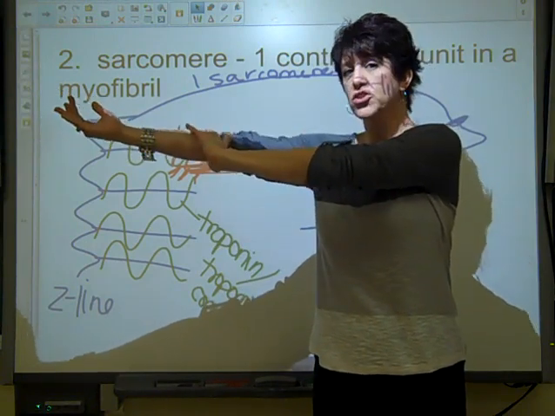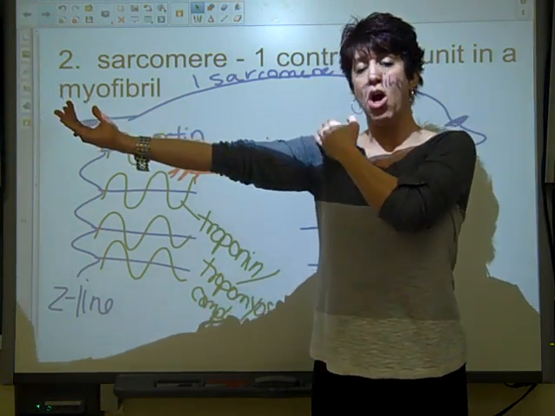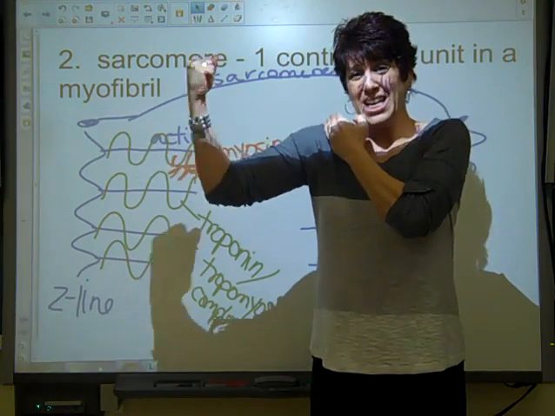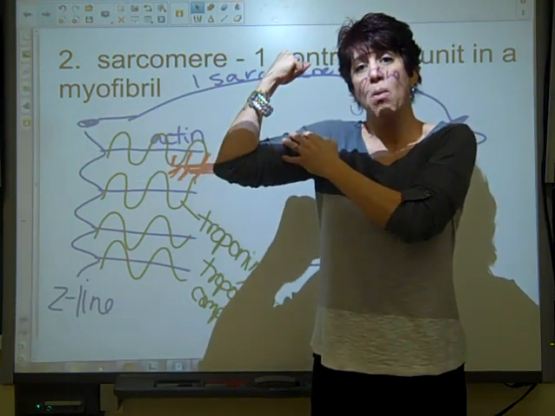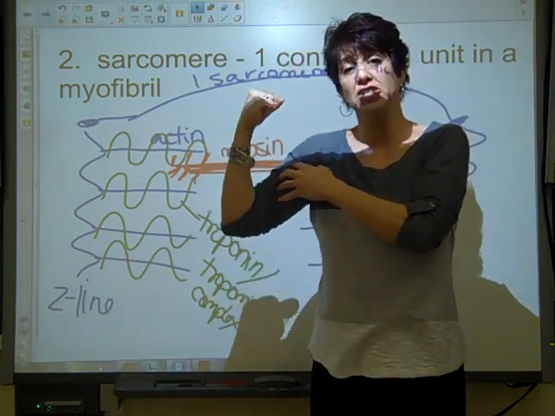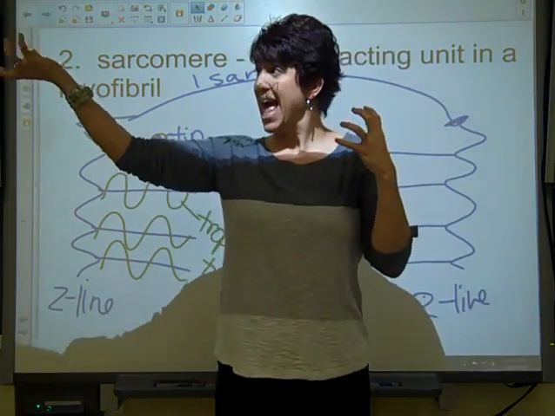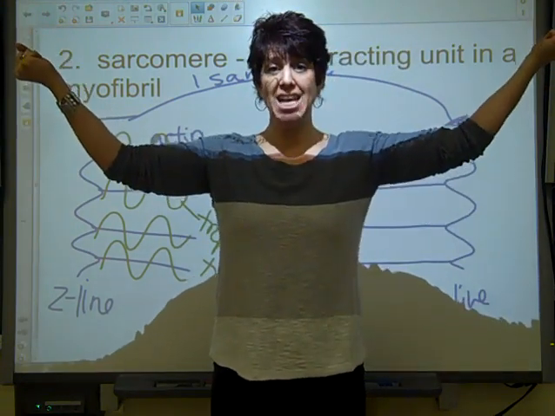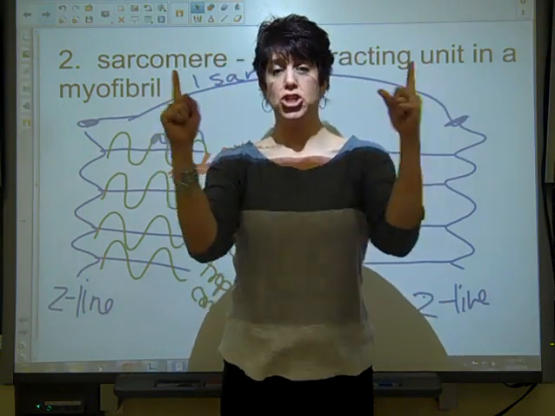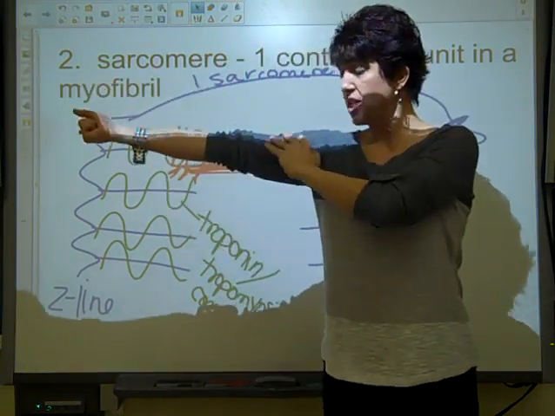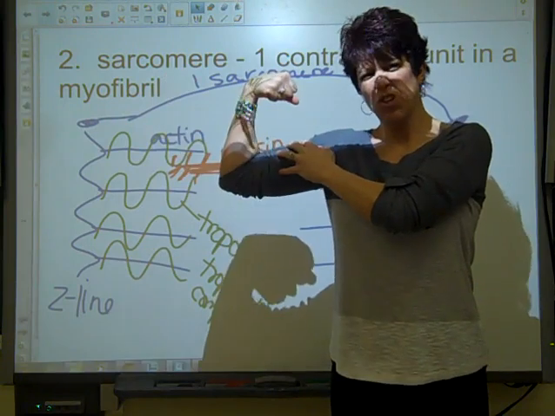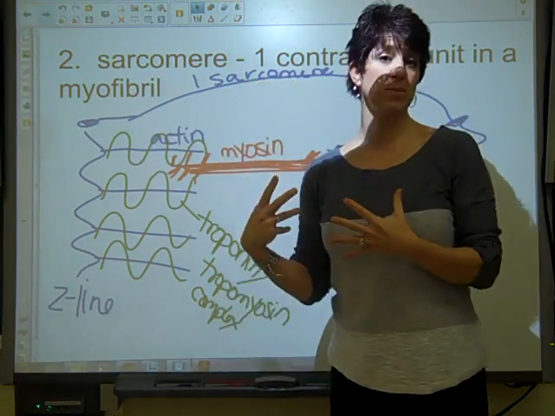When it is all stretched out, the Z lines are all far away from each other. And when it contracts, the Z lines all pull in. So a contraction just means the myosin heads have attached to the actin and pulled in, shortening the muscle.